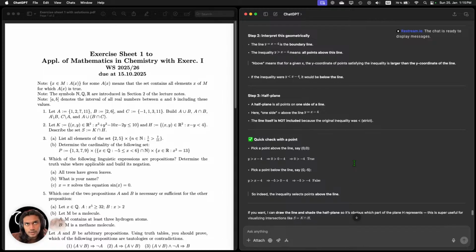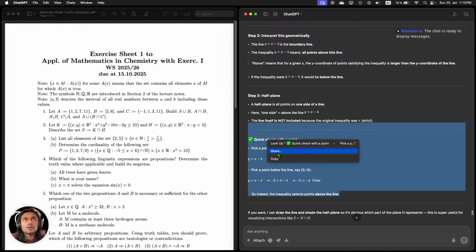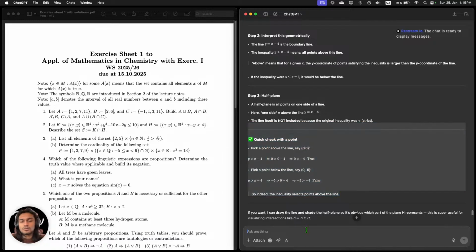X is 5, minus 5 greater than 5 minus 4, 1. No, that's wrong.